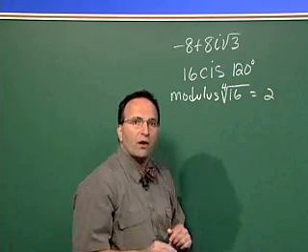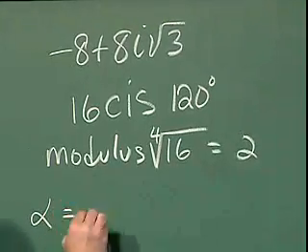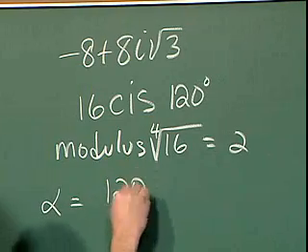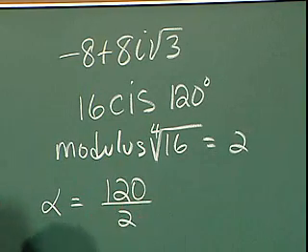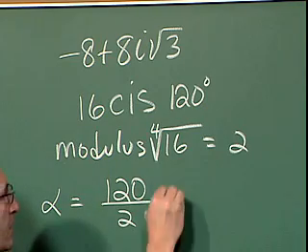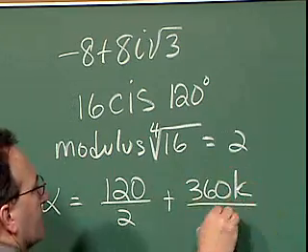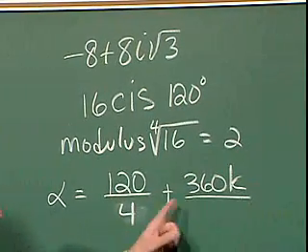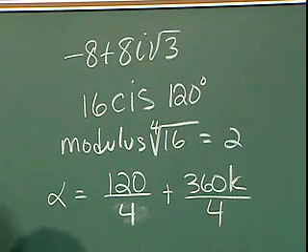So therefore, we have that alpha is going to be equal to 120 divided by 4 plus 360k divided by 4, because we're finding the fourth root.